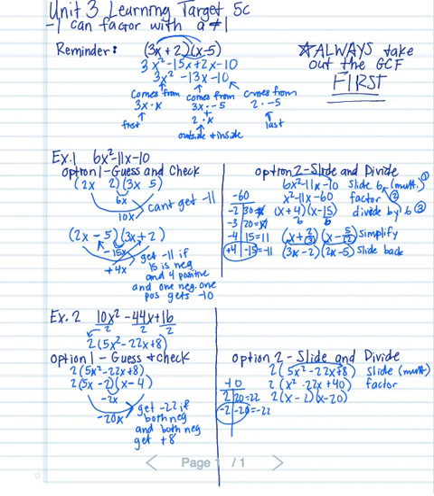Next thing is to divide. And since we slid 5, we're going to divide by 5. Then simplify. 2 over 5 is as simple as it's going to get, so we would just write that down.